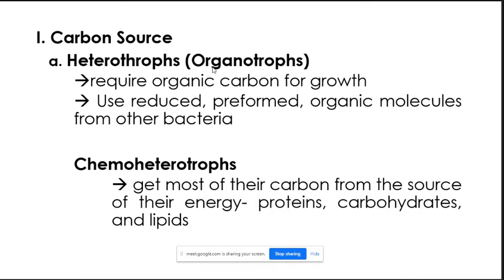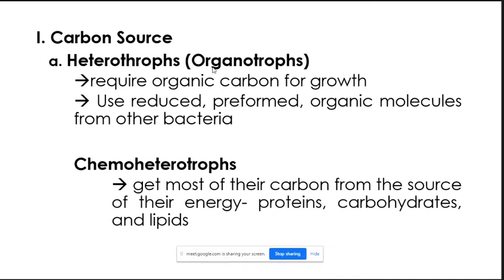Because trophs is like to feed, so that they will need now, ang source ng carbon nila would be from yung organic carbon. And they can also use reduced preformed organic molecules from other bacteria.